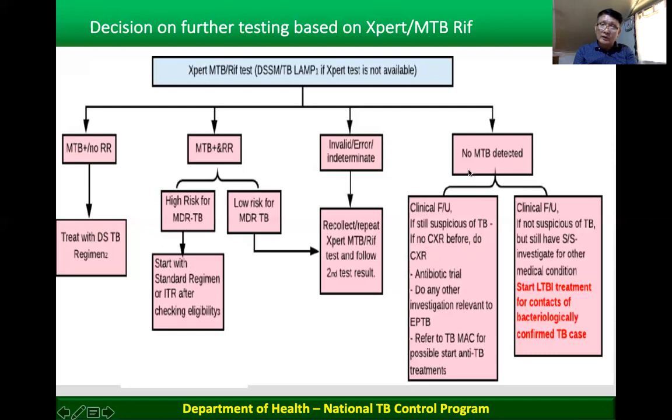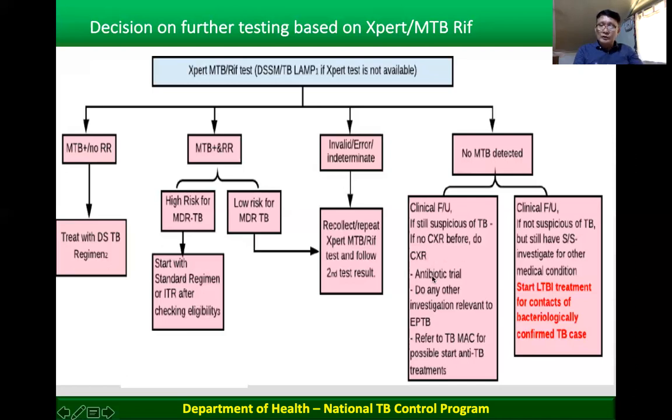Now, this is for MTB not detected, but you have this suspicion that this patient might have TB. So what are you going to do? So you have to do chest X-ray.